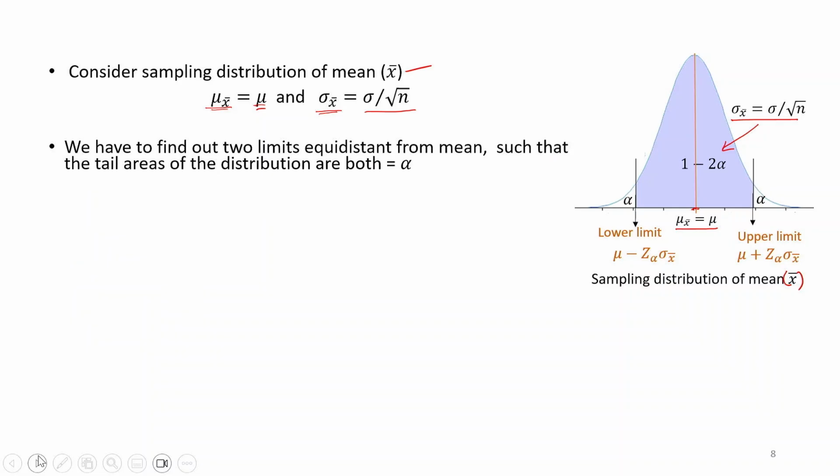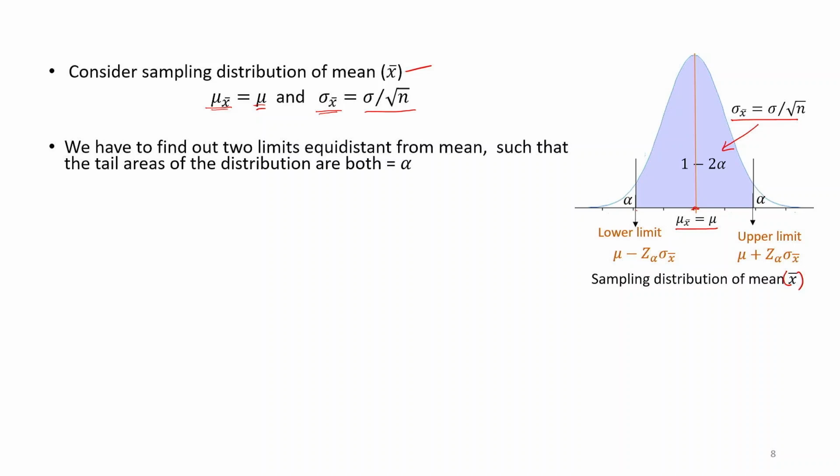We have to find out two limits equidistant from the mean, such that the tail areas of the distribution are both equal to alpha.